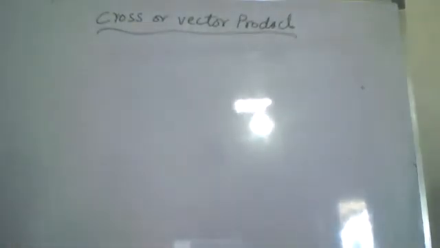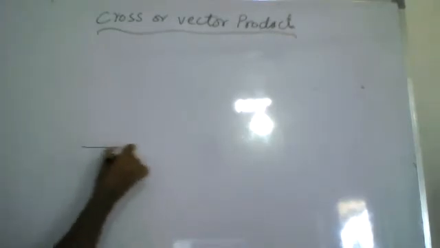When the two vectors are multiplied in such a way that the answer must be a vector, we will take the cross product. In the cross product, we always get the answer as a vector.